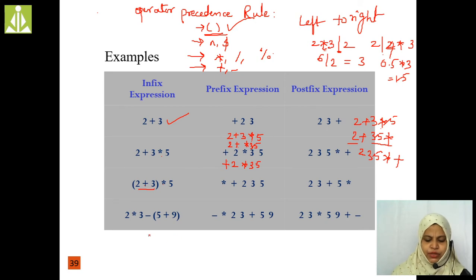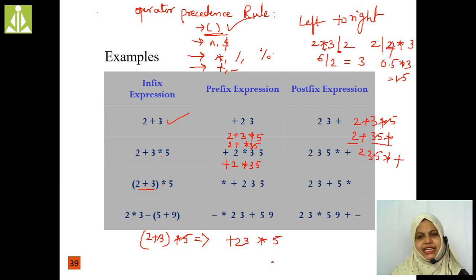So see here, (2 plus 3) star 5. Now I am going to convert this expression into prefix. First we evaluate this one: plus 2 3, then star 5.